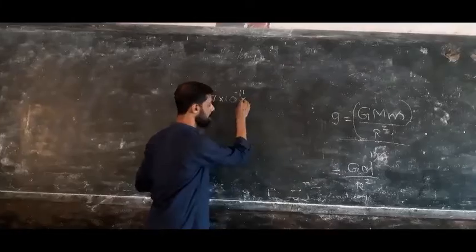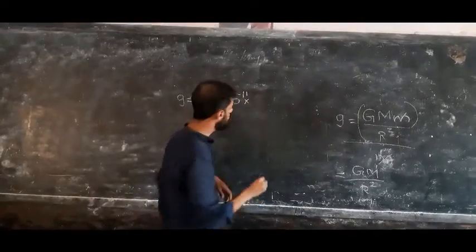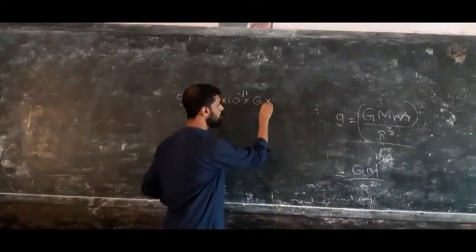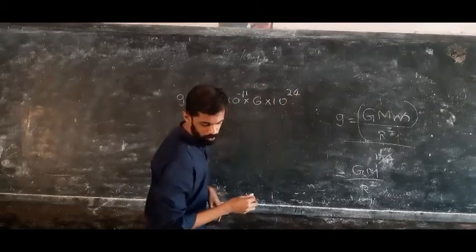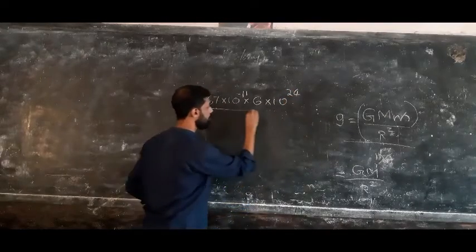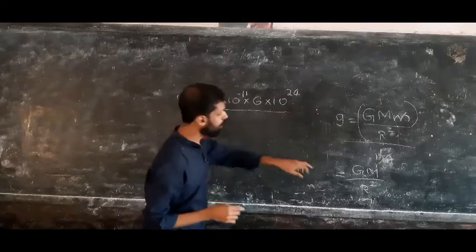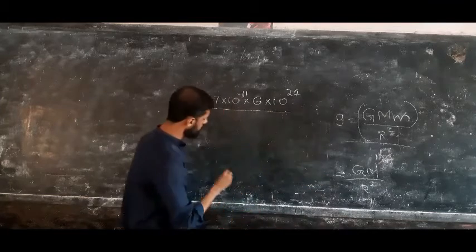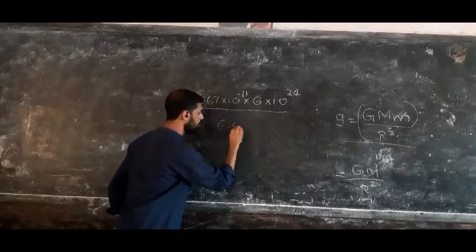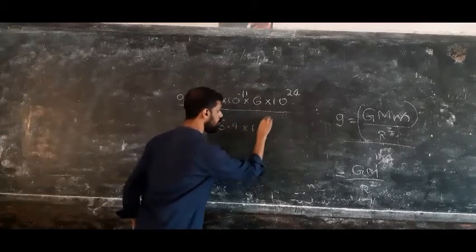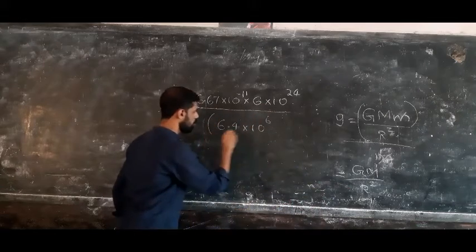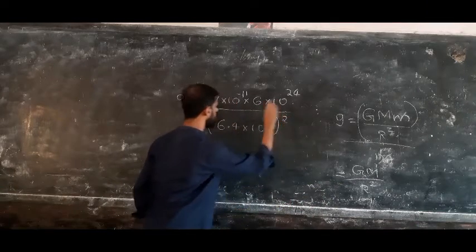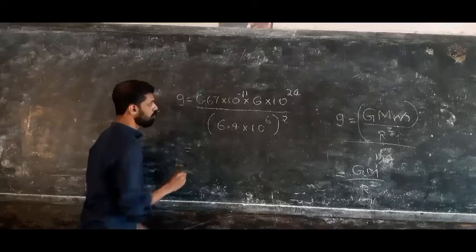Next, M, the mass of the Earth, that is 6 into 10 to the power 24, divided by the radius of the Earth, that is 6.4 into 10 to the power 6. R square is there, so the whole square.